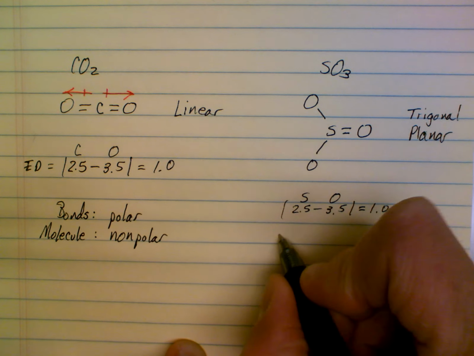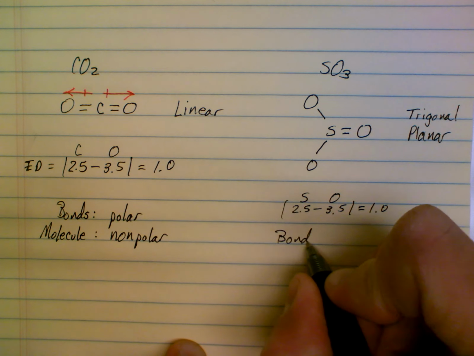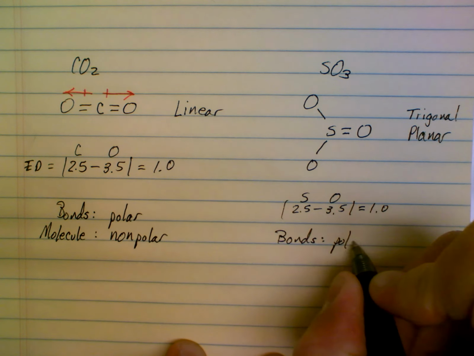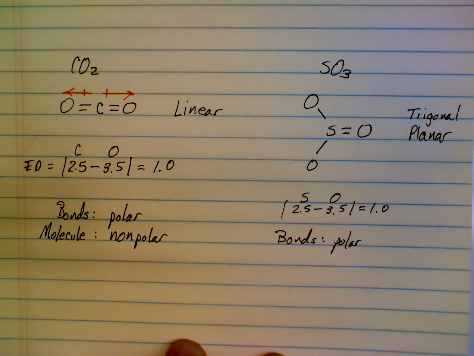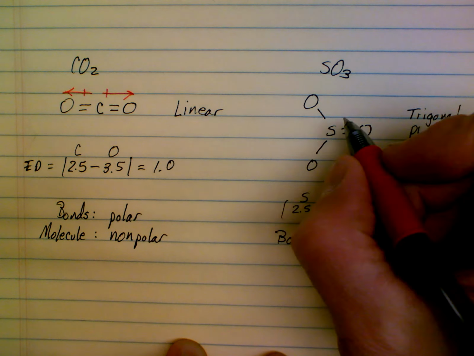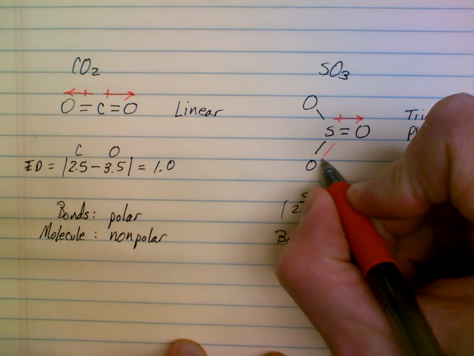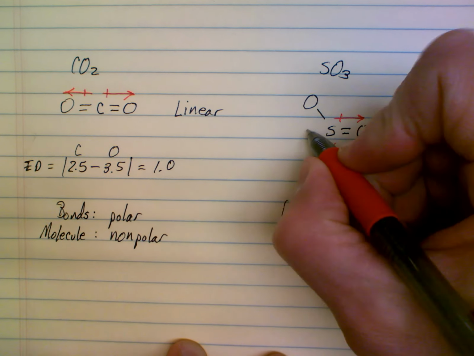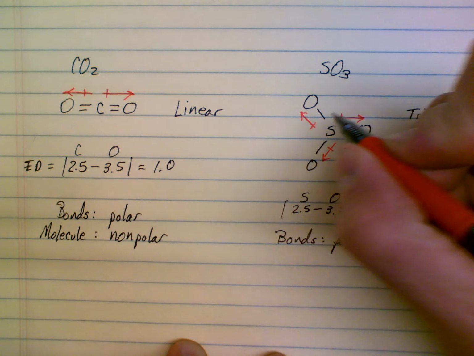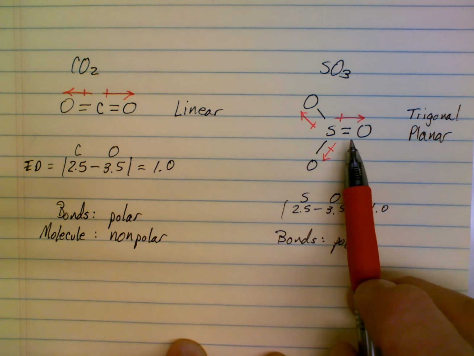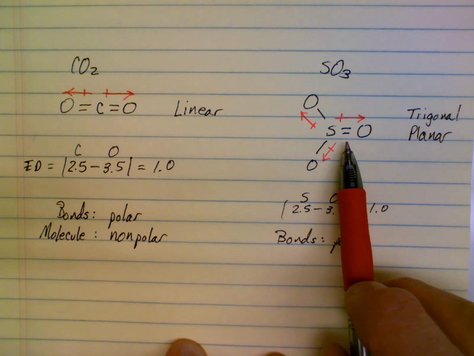So in this particular case, again, the bond's going to be polar. So the dipole, if it were to be drawn in, would go from the sulfur towards the oxygen in all three of these bonds. And the fact that one is a double bond has no bearing on the dipole. Okay, so it doesn't really matter.